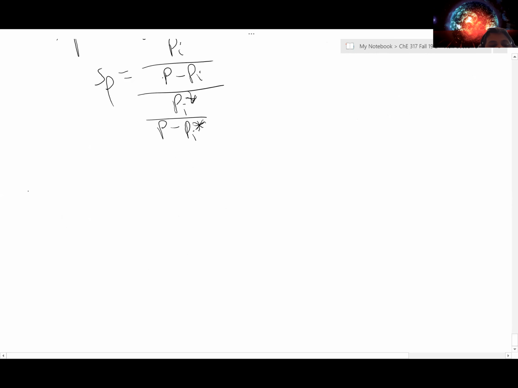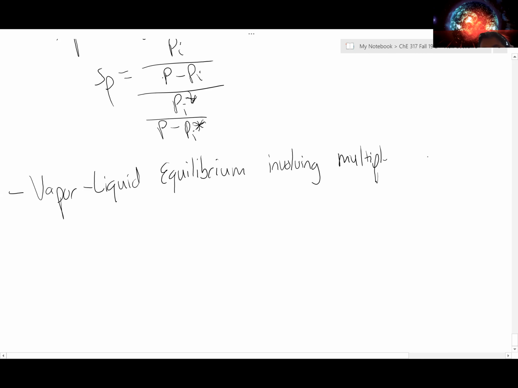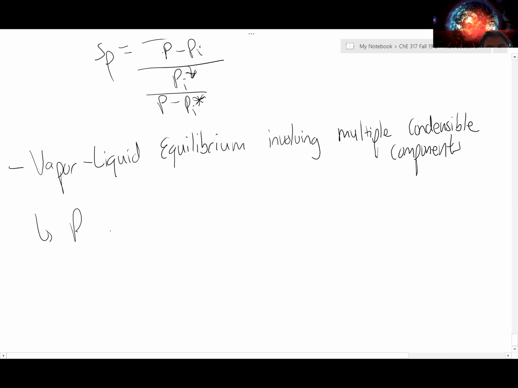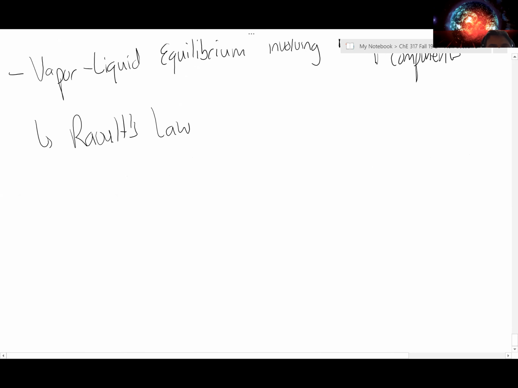The next thing we considered was vapor-liquid equilibrium involving multiple components, where the biggest thing here is our interpretation of Raoult's law and Henry's law.